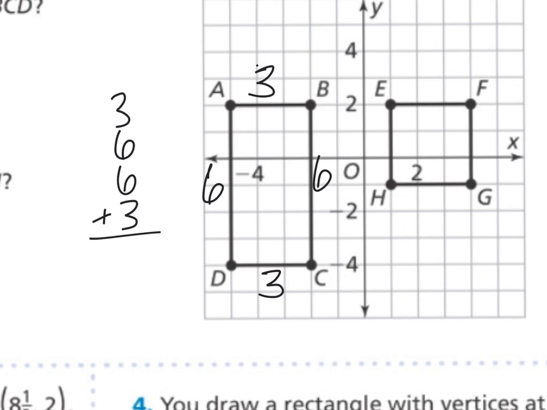Even though you might think, well, this is just simple stuff and I can add those in my head, you still want to write down what you're doing in case you add incorrectly. Then we've got work to look at so we can say, oh, you knew what to do, you just added wrong. So this would be a total of 18, and they're not telling us if this is miles or what it is exactly, so we're just going to say 18 units is our distance.